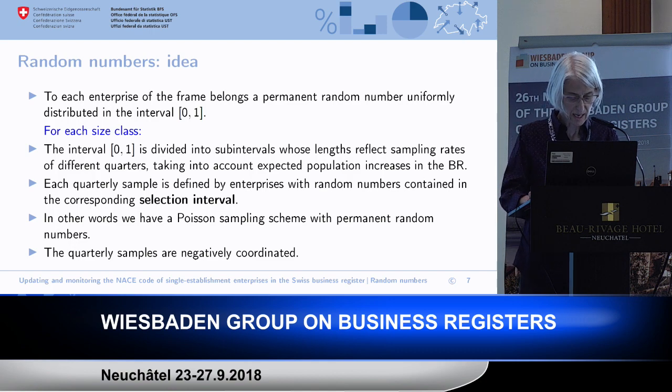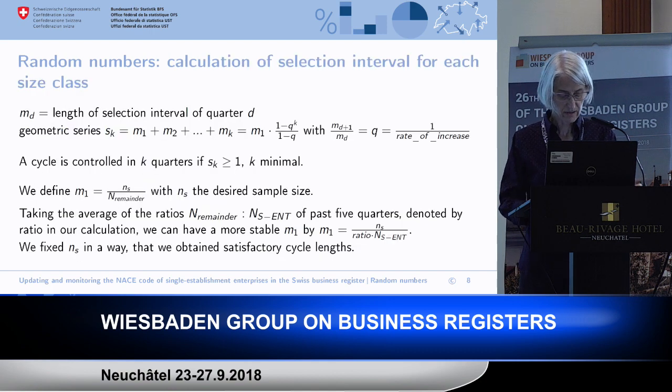How do we calculate the selection interval for each size class? This is the one slide with a little bit of algebra. Let M_D be the length of a selection interval for quarter D. The M_Ds form a geometric sequence. Geometric means that the ratio of two consecutive members, Q, is a constant.